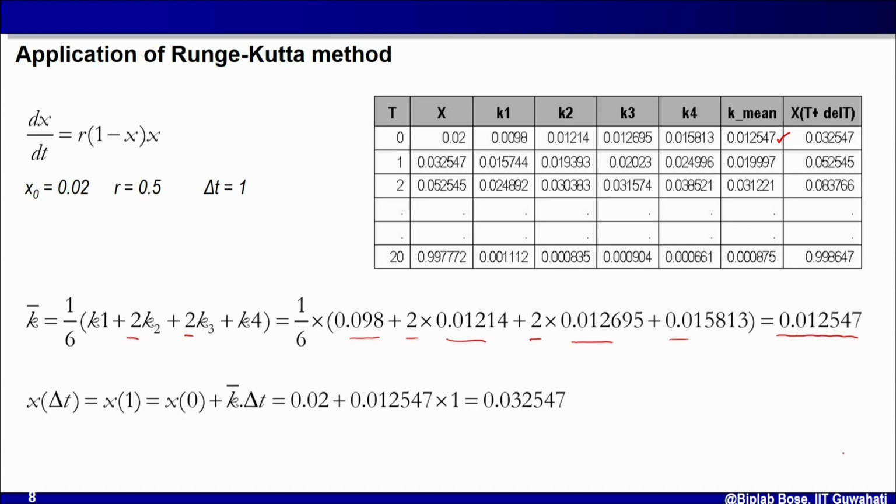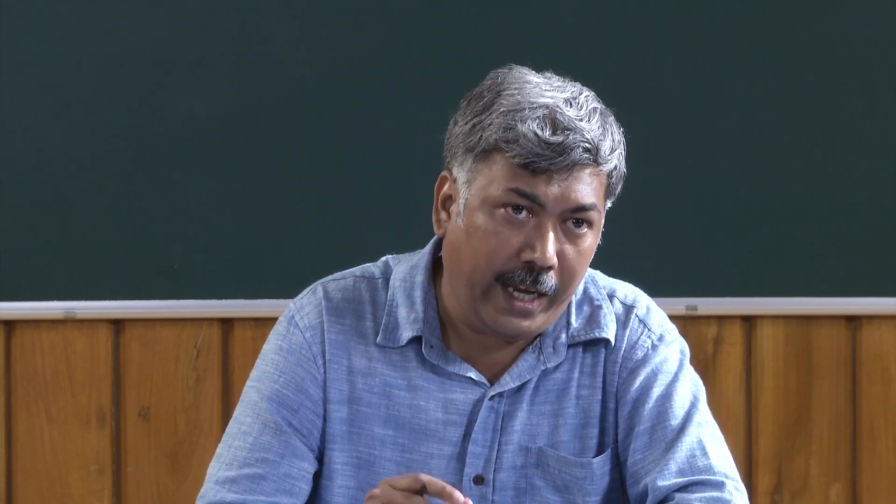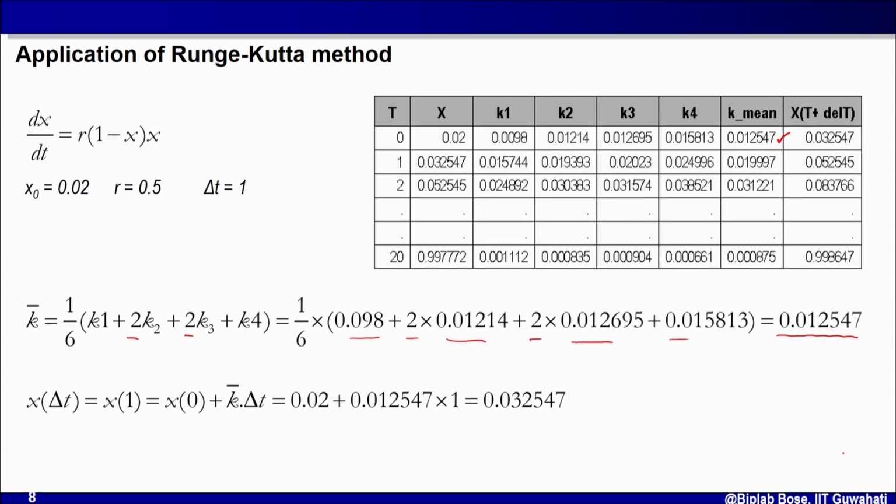So if I now increment time by delta t using this mean slope, I will get a new value of x at t plus delta t. So t was 0, initial time is 0. So value of x at delta t is equal to x at 0 plus mean slope into delta t.